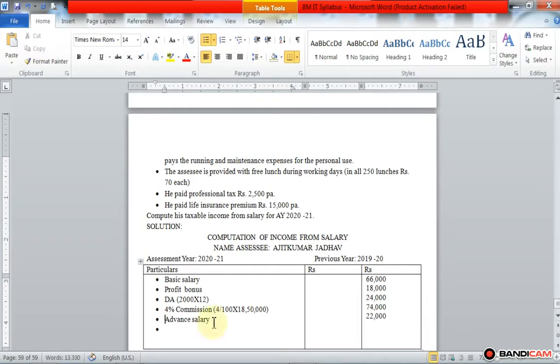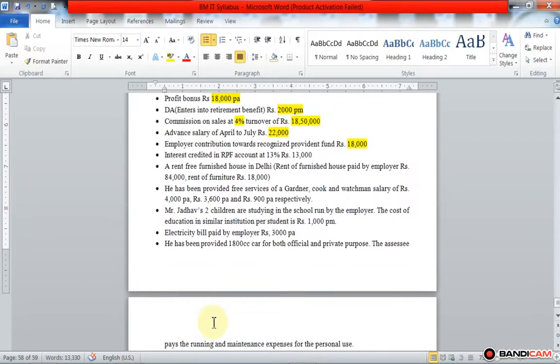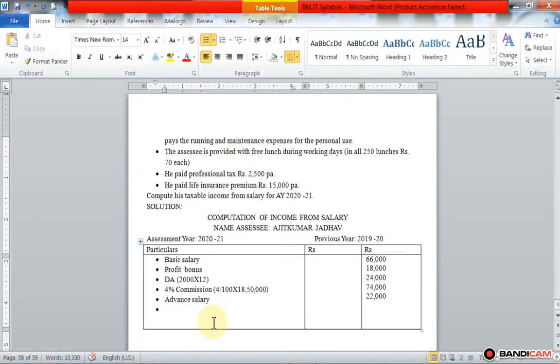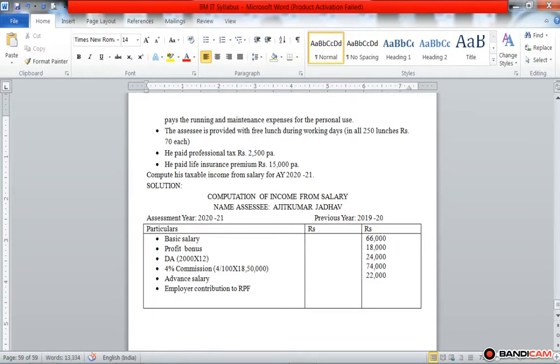Then next, employer contribution to RPF. We have to compute the contribution, 18,000. So 18,000 is the employer contribution to RPF. First of all we have to compute salary, so here is the working note first, for employer contribution to RPF.